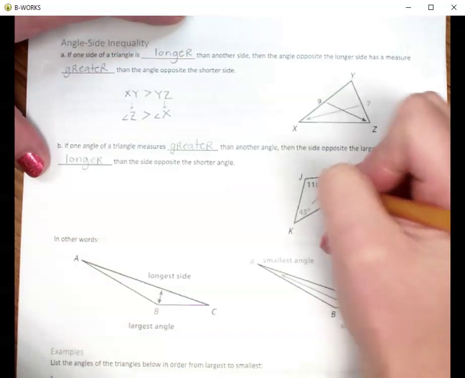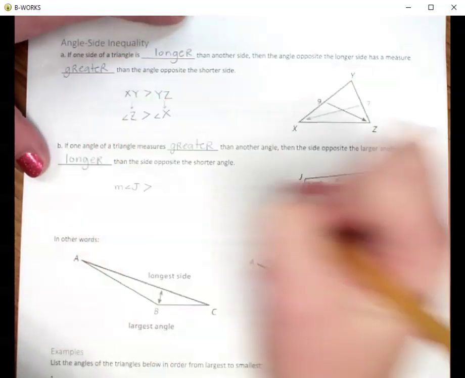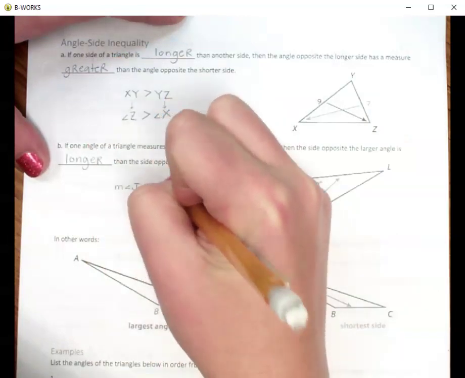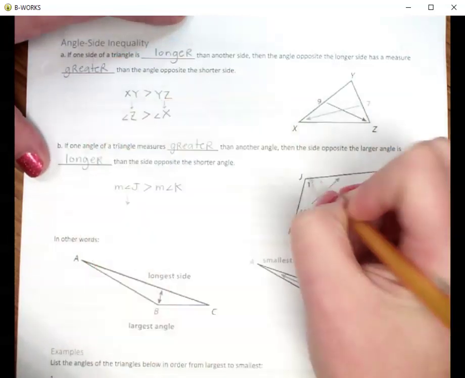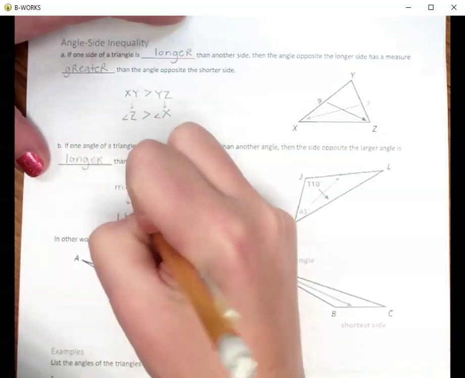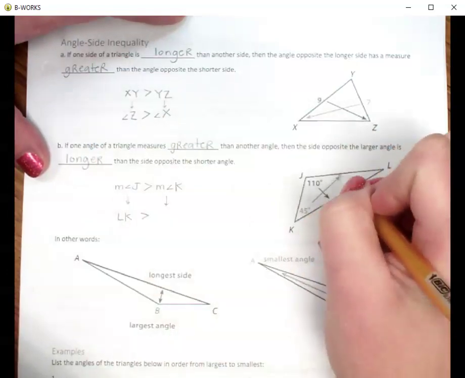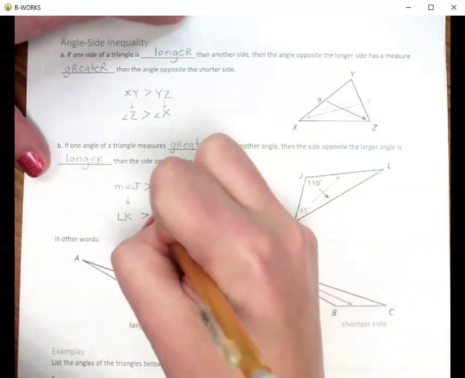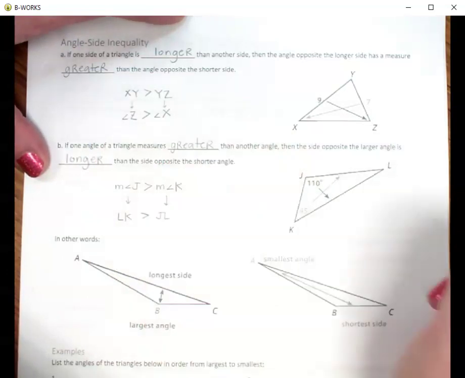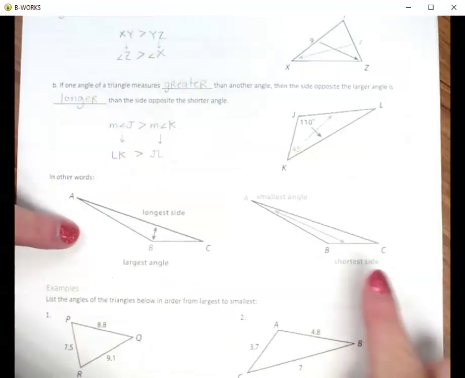So in here, since the measure of angle J is bigger than the measure of angle K, that side opposite angle J, so LK, is going to be longer than that side that's opposite angle K, which is JL. But both of these points can be summed up with these two pictures.